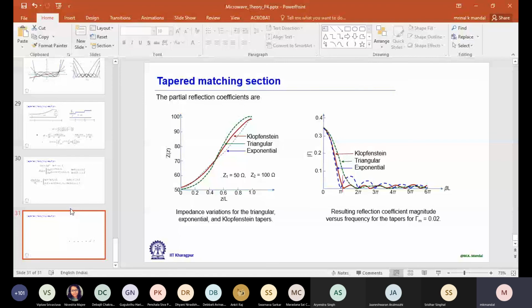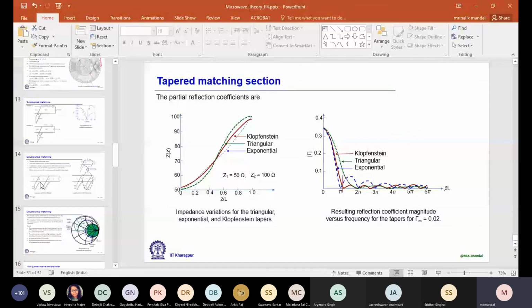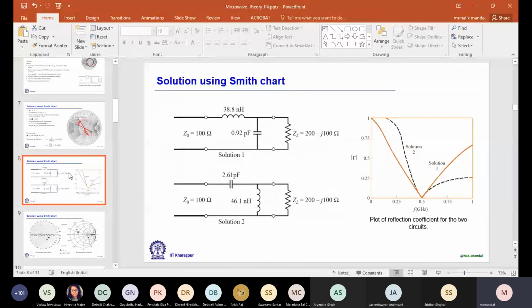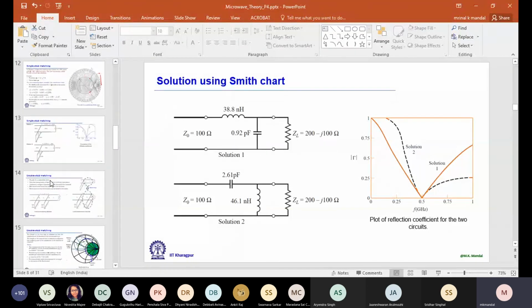Let us discuss one vital point that we never discussed. For all these broadband matching networks, we consider the load impedance as real. Only for the first problem, when we use the Smith chart, we consider the load impedance complex, but it provides a solution only at a given design frequency.